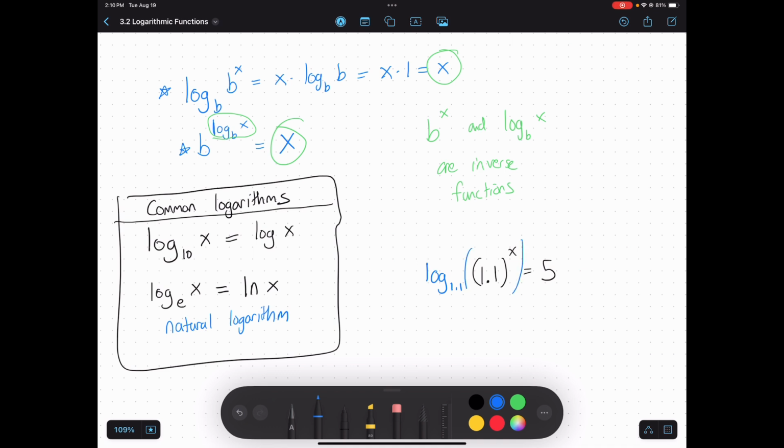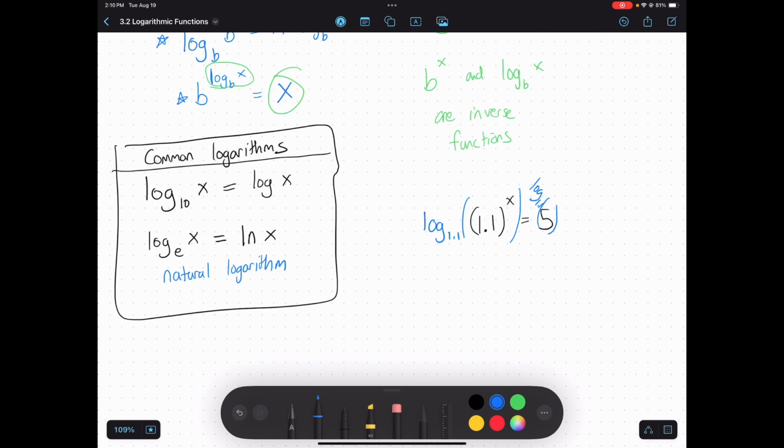But remember, when solving equations, whatever you do to one side, you have to do to the other side. So I would also have to take the logarithm base 1.1 of 5. That gives me log base 1.1 of 1.1 raised to the x power equal to log base 1.1 of 5.